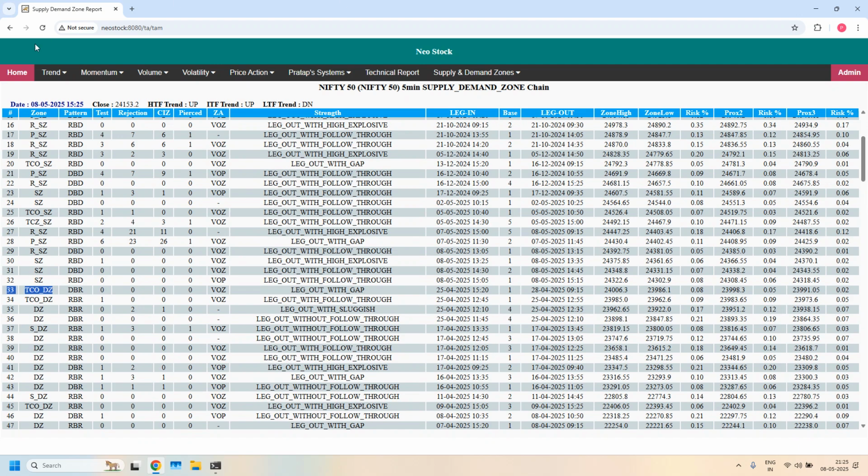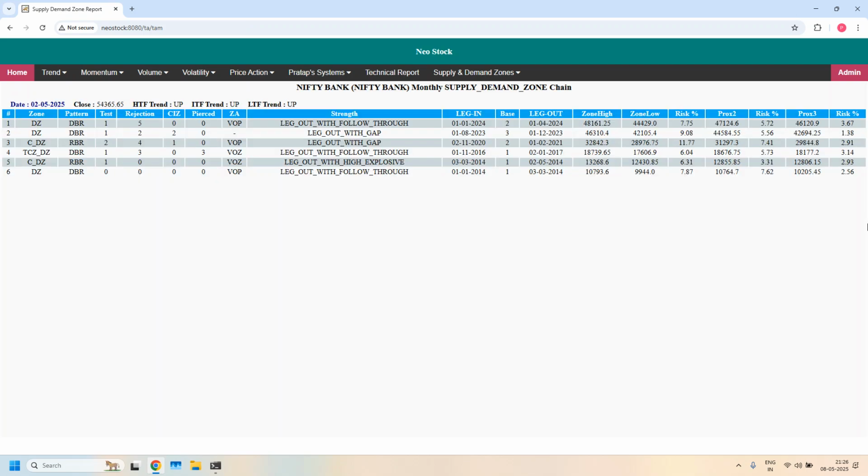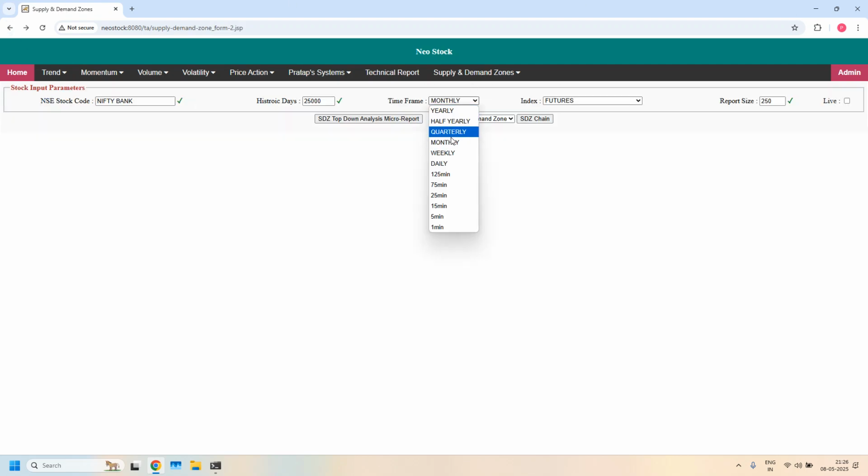Next I will generate Bank Nifty supply demand zone chain, changing the name to Nifty Bank. Starting with monthly time frame, generating monthly supply demand zone chain for Bank Nifty. Next, weekly supply demand zone chain for Bank Nifty.